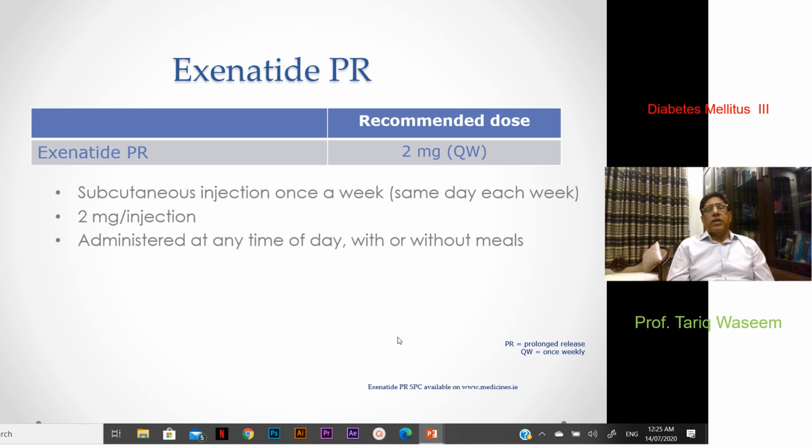There are preparations of Exenatide long acting available. The benefit of these agents is that they not only lead to control of blood glucose level, but also to some degree of weight reduction.